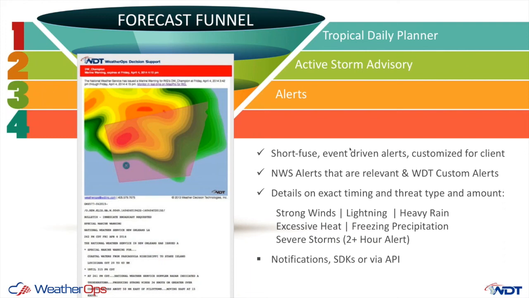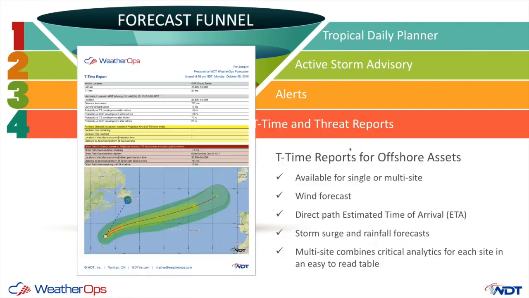So we issue these local centralized alerts based on changes that might only occur in a small area, and these could be strong winds, lightning, or heavy rain. We'll augment our active storm advisories with these individual alerts.